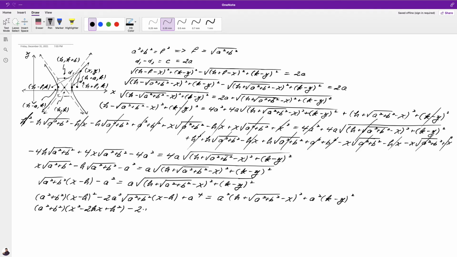We're going to have minus 2a squared x times the square root of a squared plus b squared, and then minus a negative, so plus 2a squared h times the square root of a squared plus b squared. Okay, and then of course plus a to the fourth.